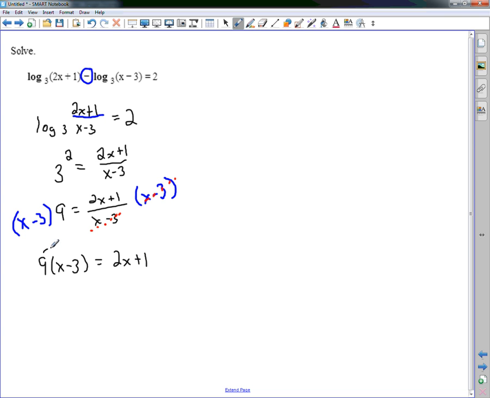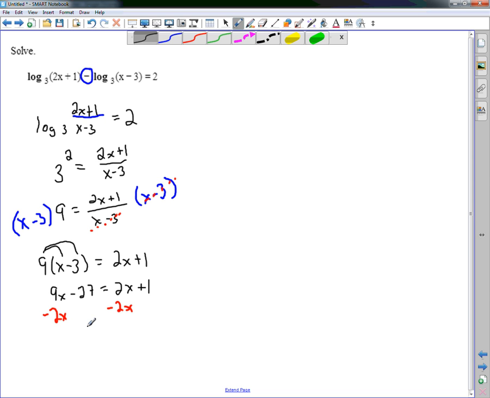Go ahead and distribute. Get 9x minus 27 equals 2x plus 1. And start combining like terms by moving everything over. I'm going to take the 2x over, so minus 2x. That's going to give me 7x minus 27 equals 1.